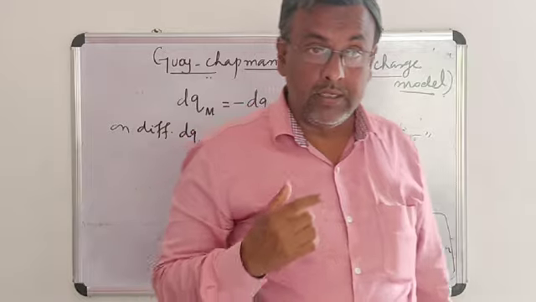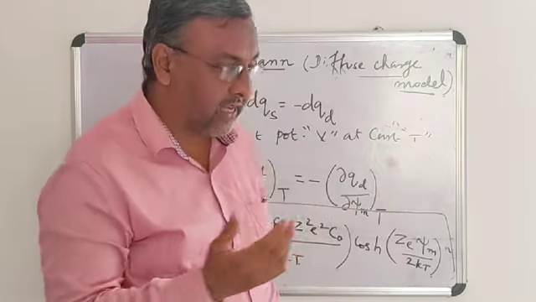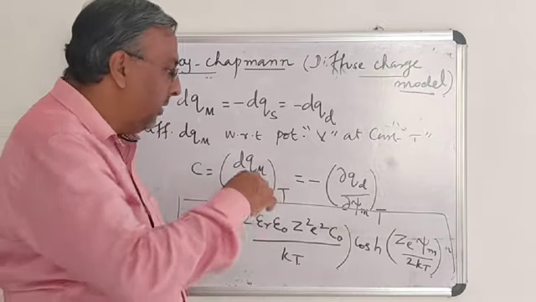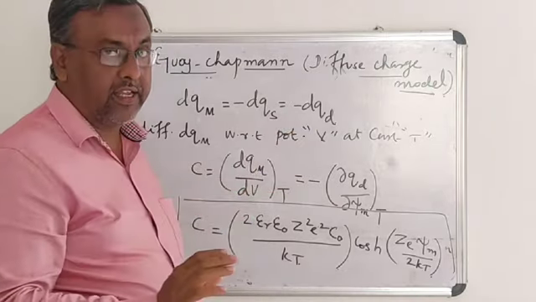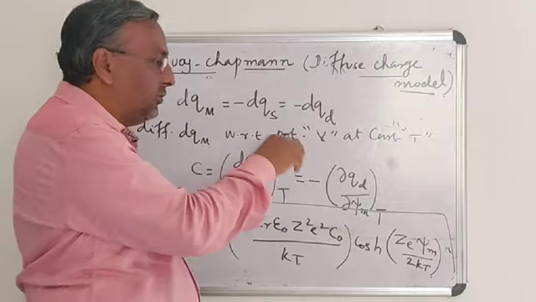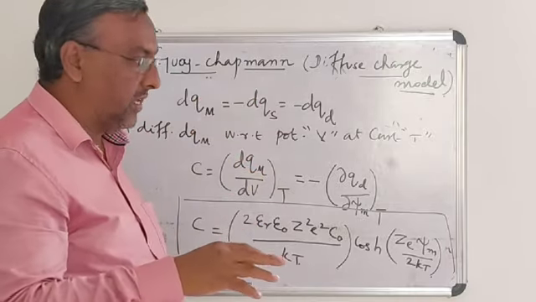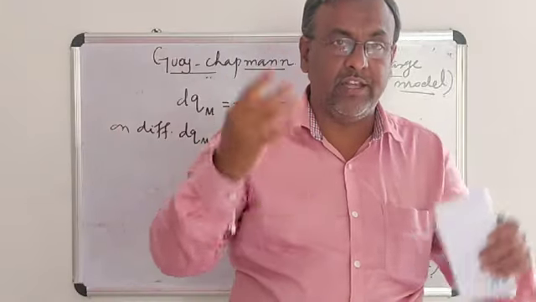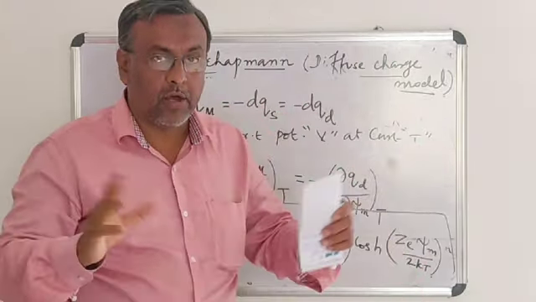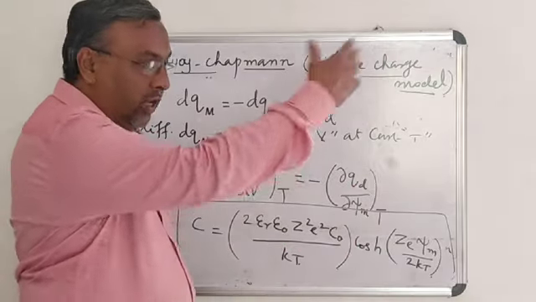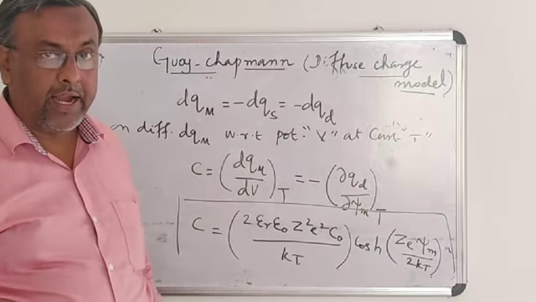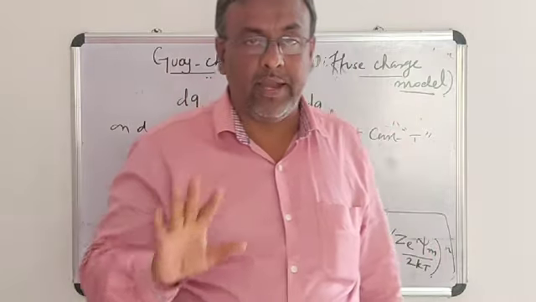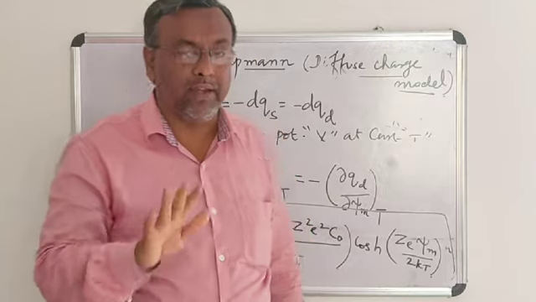So Chapman said that as the distance increases, the charge density in the diffused layer decreases, and he considered that a potential arises due to the thermal motion of positive and negatively charged ions in the diffused state, and the electrolytic solution does not remain stationary, it is in movement.